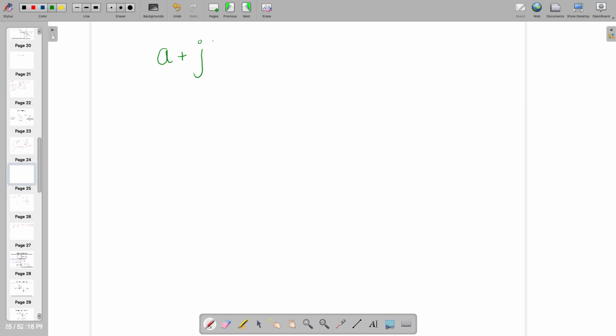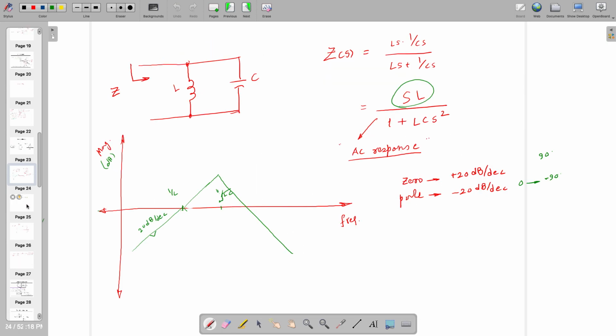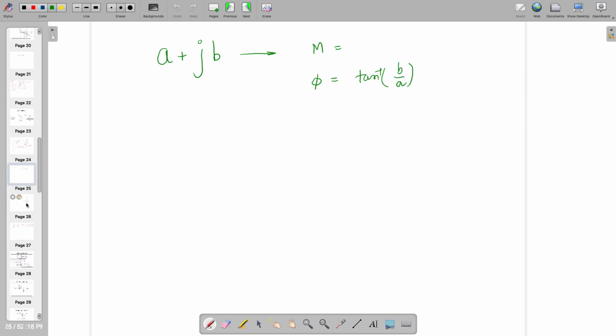Now Dhruv will write down the magnitude and phase equation for this one. You studied this one? Yes? Tan inverse B by A. Okay, excellent. Now let's replace that with this equation, 1 plus LC S square. To make things easier, let's replace S with j omega.